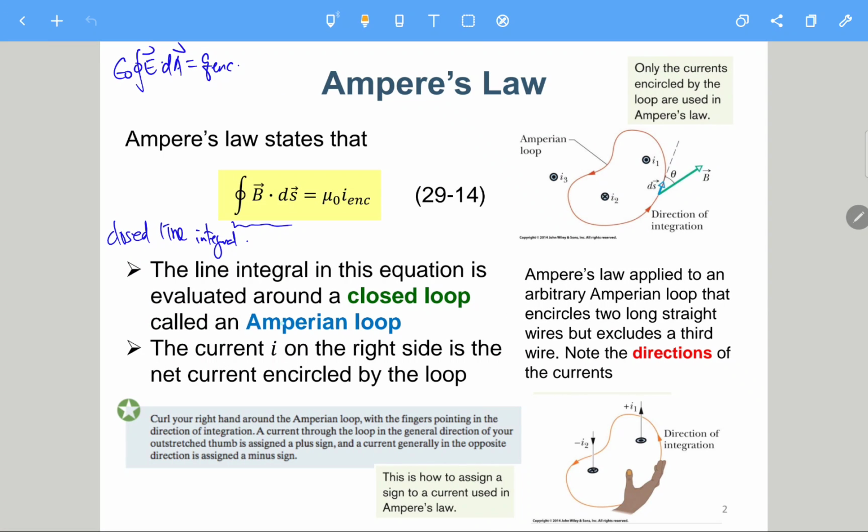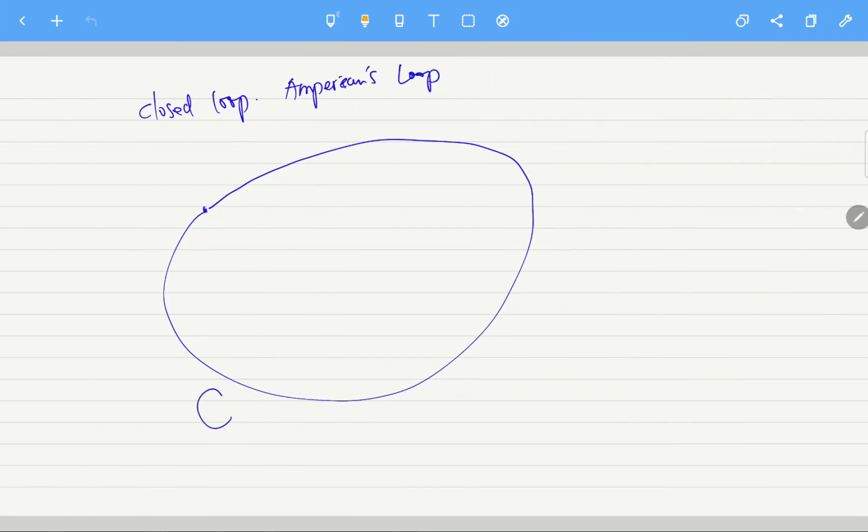Like here, it is already mentioned: closed loop or Amperian loop. So in this space, we will of course have a magnetic field.